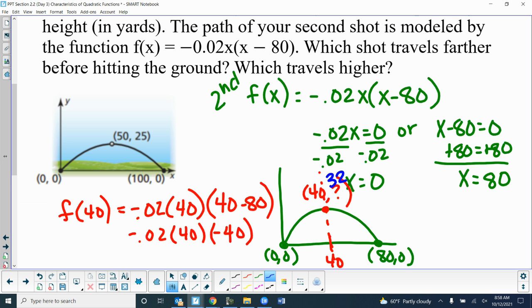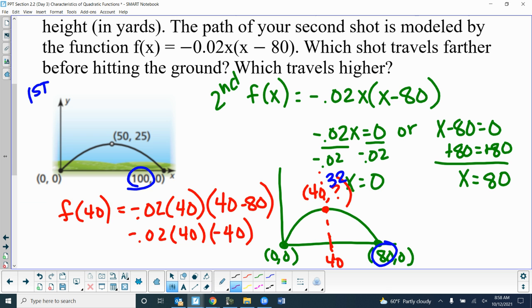Which shot travels farther before hitting the ground, first or second? How far did the first one go? 100 yards. How far did the second one go? 80 yards. So the first shot traveled farther. Which one traveled higher? Second one.